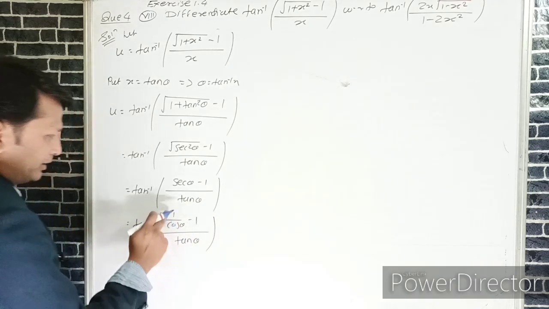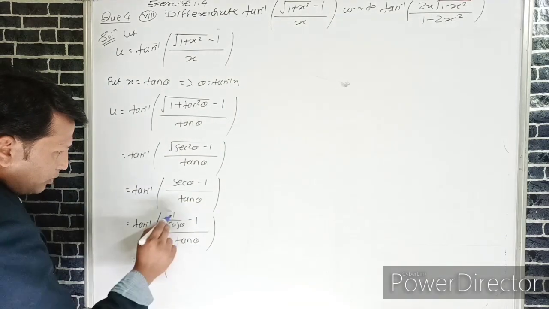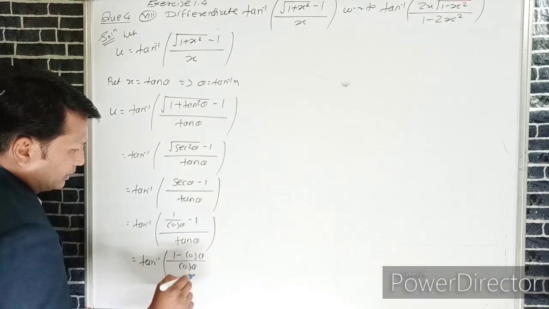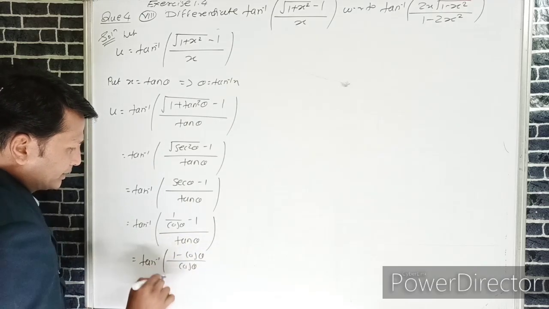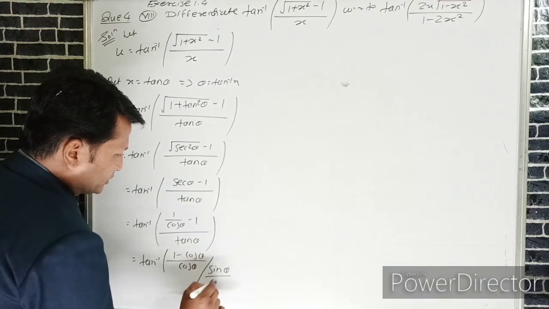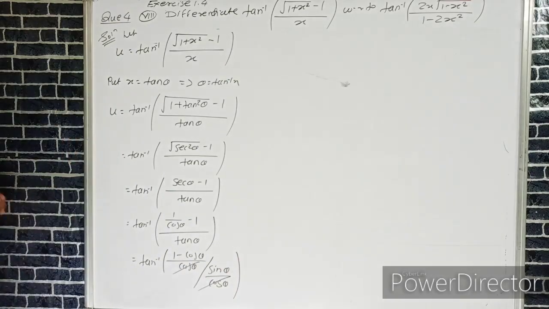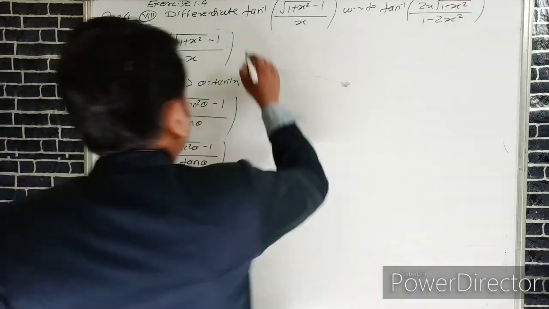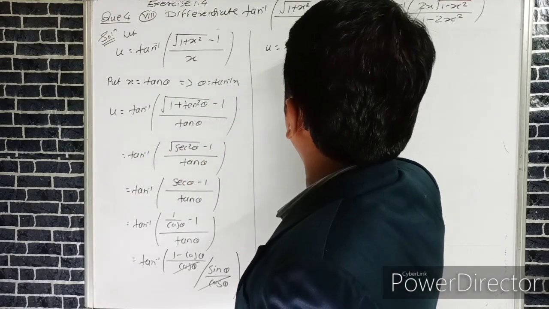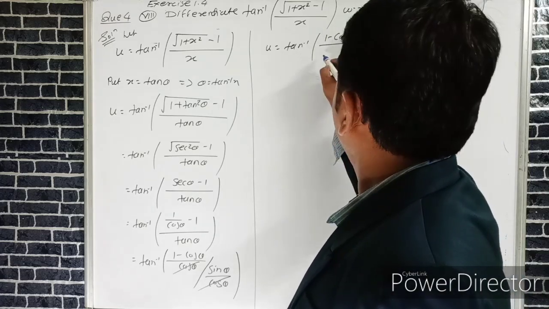If we take the cross product of the numerator, we can write tan inverse of (1 minus cos theta) upon cos theta. Again, tan theta is sin theta upon cos theta. Here cos theta gets cancelled. The remaining function is u is equals to tan inverse of (1 minus cos theta) upon sin theta.